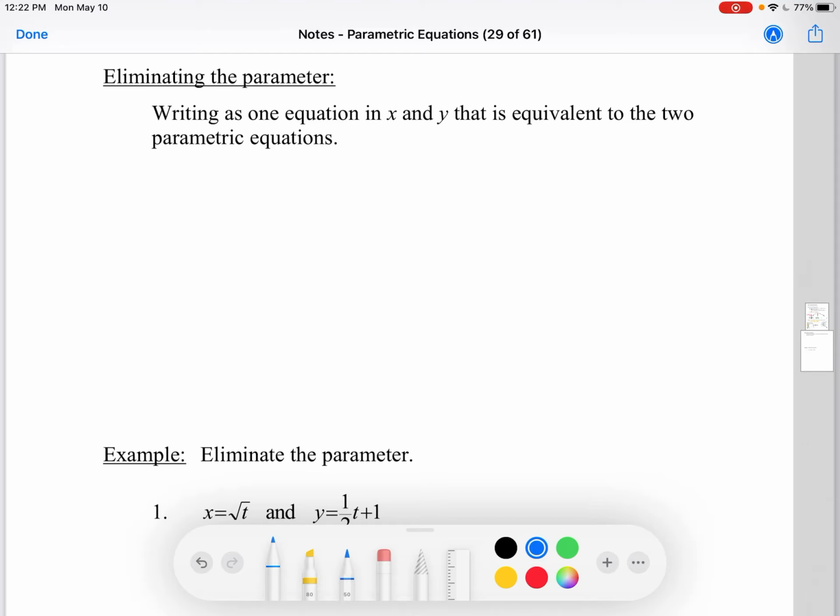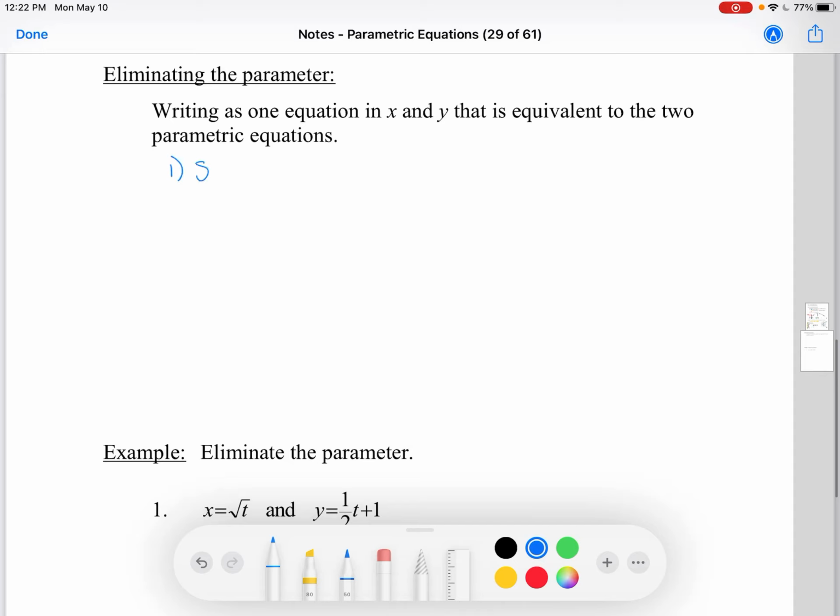So the steps in order to do this is to step 1, solve for t in only one of the equations. And the reason why we're only going to solve for t in one of the equations is because then once we solve for t, we're going to plug that equation in.